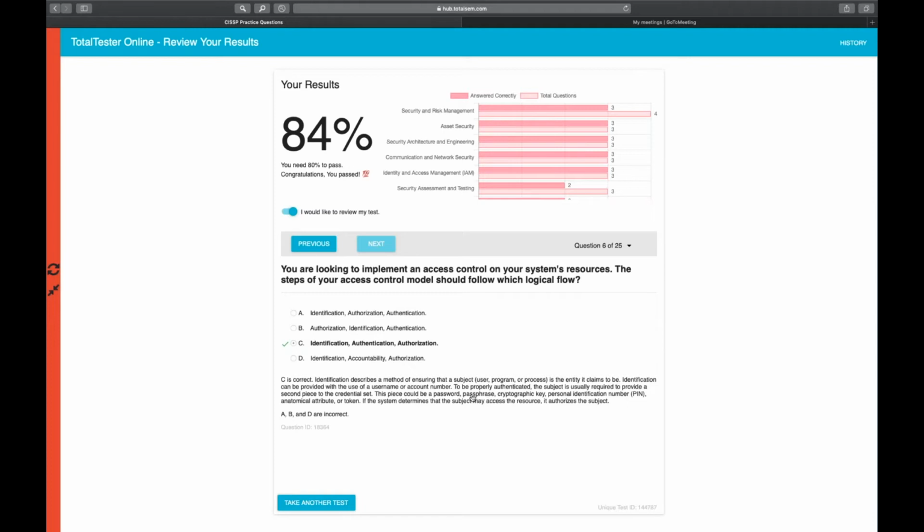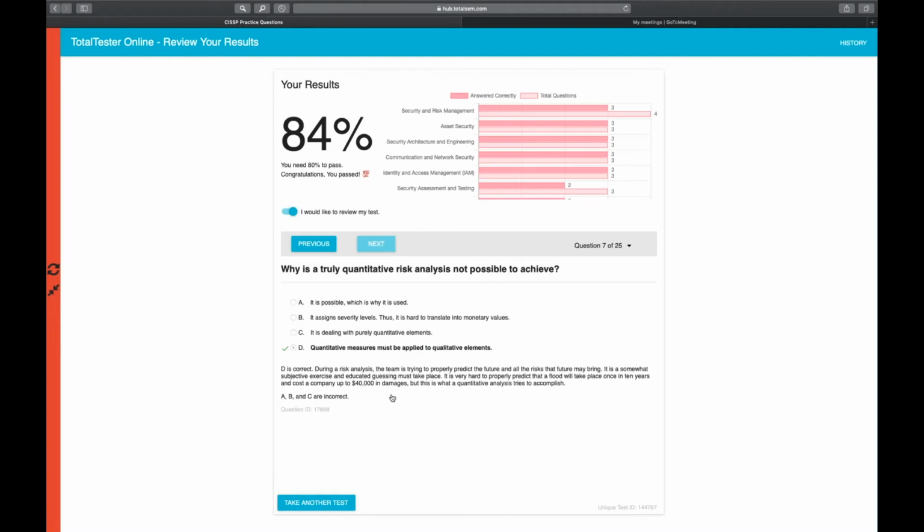That's true. To be properly authenticated, the subject is usually required to provide a second piece to the credential set. True. Either a password, a biometric signature, or a PIN. If the system determines that the subject may access the resource, it authorizes the subject.